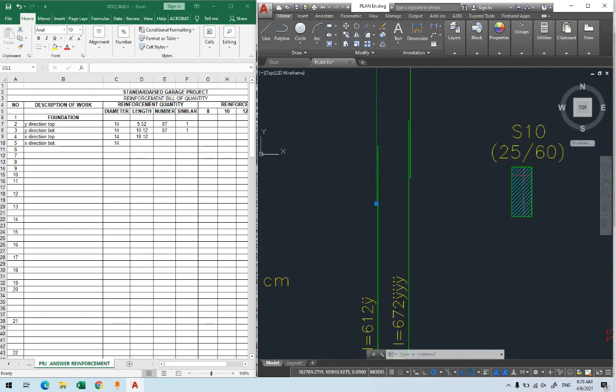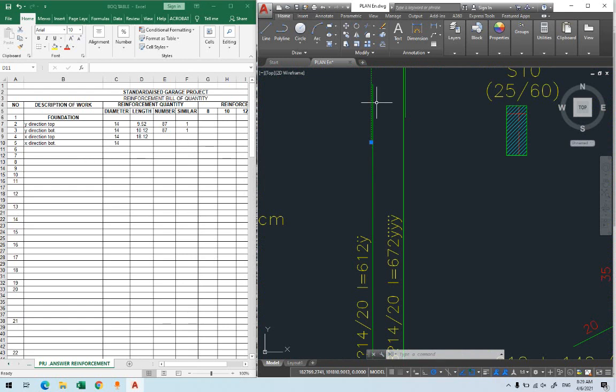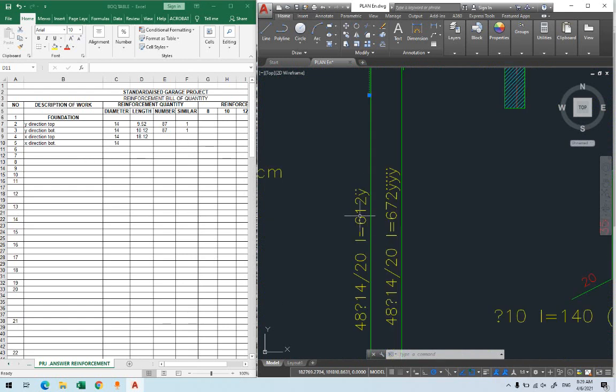Then it continues with another one, but not directly from the overlapping, which is 6.12. Add them together will be 18.12. For the other one, 12 plus 6.72 will be 18.72. We have it there.